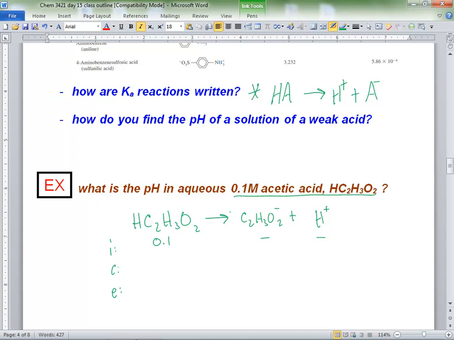But they're saying initially you have 0.1 molar, so it's going to go to products, and then it'll reach back and forth and reach dynamic equilibrium. But here's where it's starting out. So negative X, right? Equilibrium is 0.1 minus X, and on the product side, it would just be X and X.